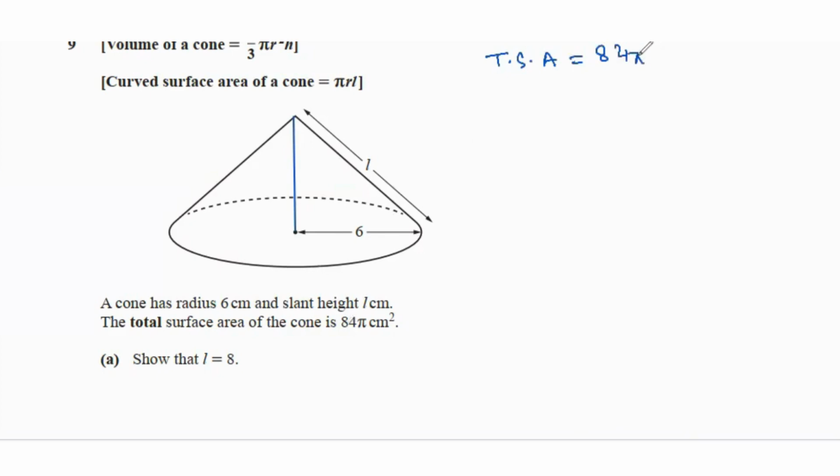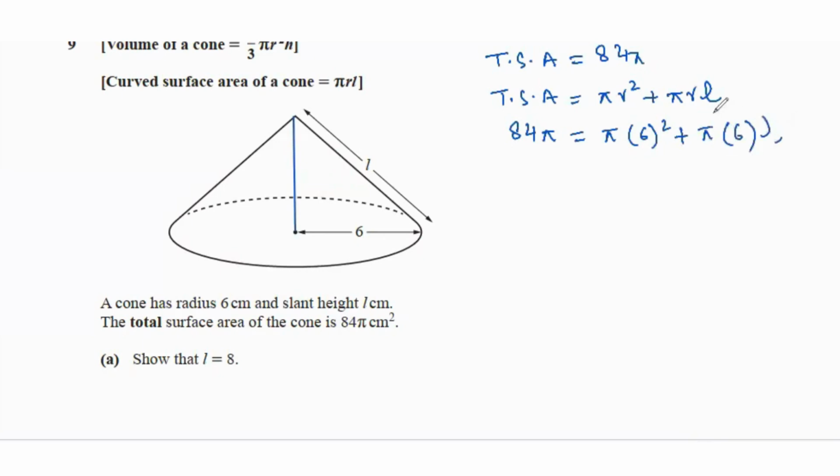So total surface area is going to equal pi r square plus pi r L. 84 pi is equal to pi times 6 square plus pi times 6 times L. So 84 pi is equal to 36 pi plus 6 pi L.